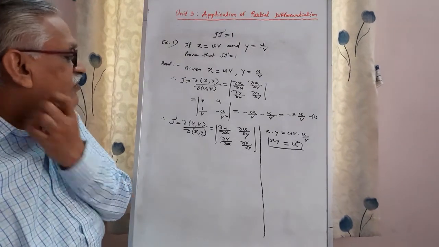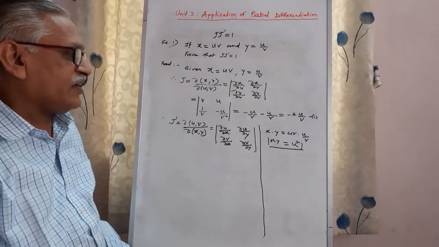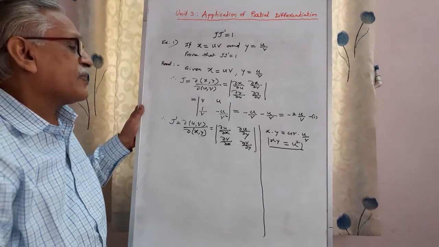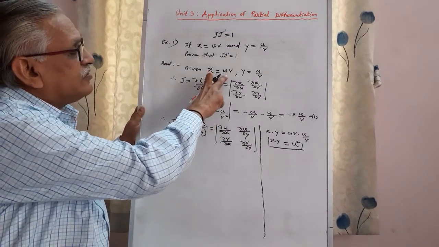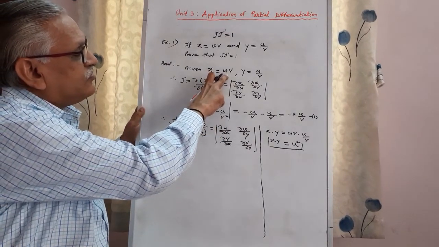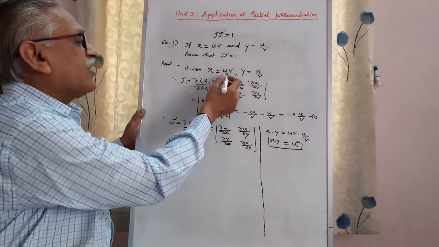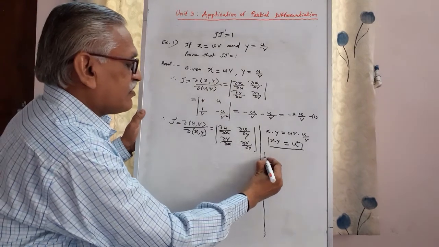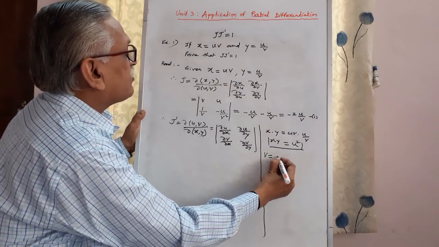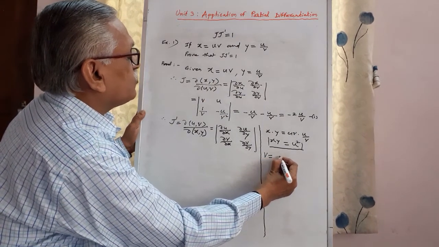That is the value for u in terms of x and y. Then from this we get the value of v, therefore I will calculate the value of v as x/u.